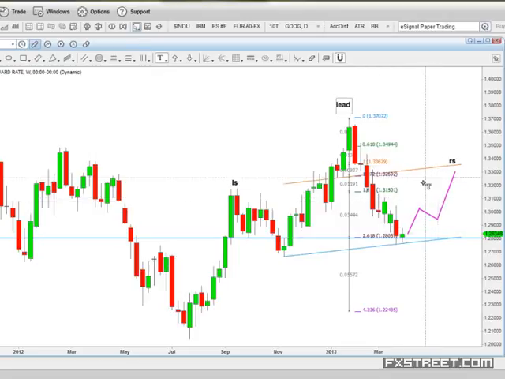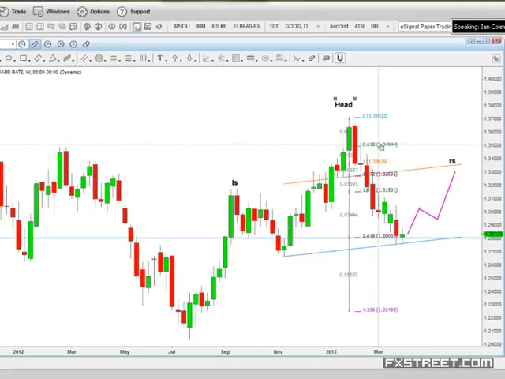So again, a move back up towards sort of 133.50 as that dollar index moves to the downside. Okay, so the dollar index moving to the downside towards that target level that we talked about, the 61.8% level. That will then give cable room to move to the upside.